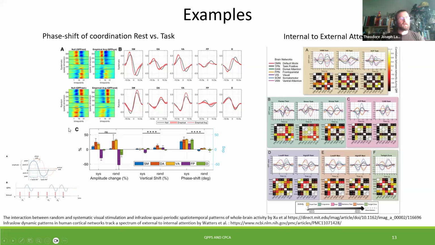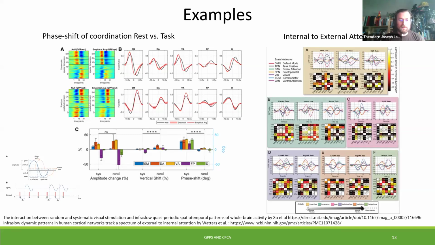The way that they were able to compare task versus rest is to look at the phase shift and look at the individuals versus the group. This was a visual task, looking at the difference between sequential videos or a randomized shuffle of visual items as well.